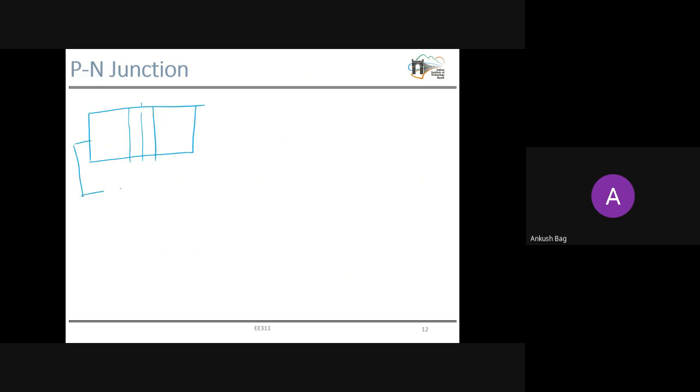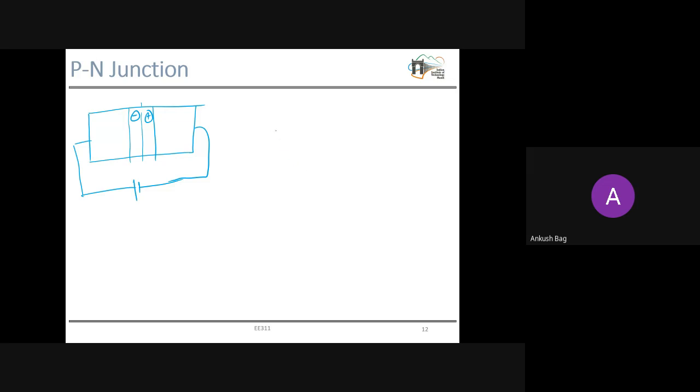Let us forward bias it first. So once again we'll have this depletion region here. What will happen in the case of this band diagram?